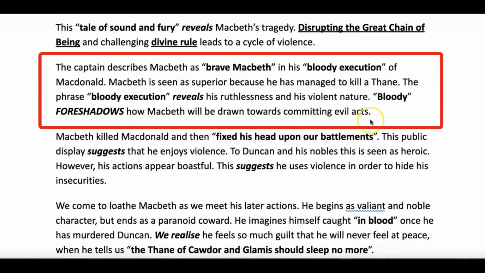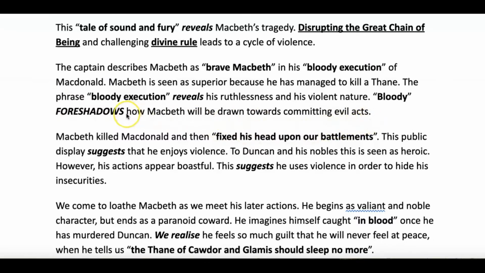The student means in the future. So our named method is foreshadows, and a word that shows us there's an explanation is reveals. So you explain what the quote means or shows us. This, of course, is another explanation about what bloody shows us. Now, the more explanations you have, the higher your mark.